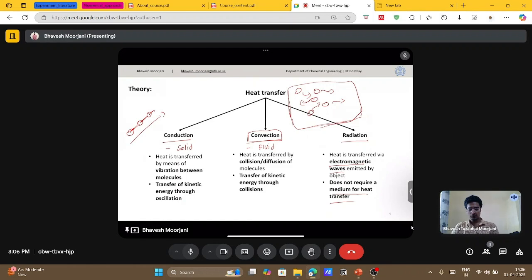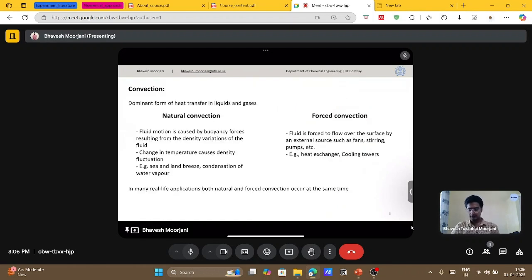Now depending upon the fluid motion that we have, we will have different sorts of convective heat transfer. For that, let's look into the basic classification of convective heat transfer. Convective heat transfer is classified into two parts. One is natural convection and the second is forced convection.